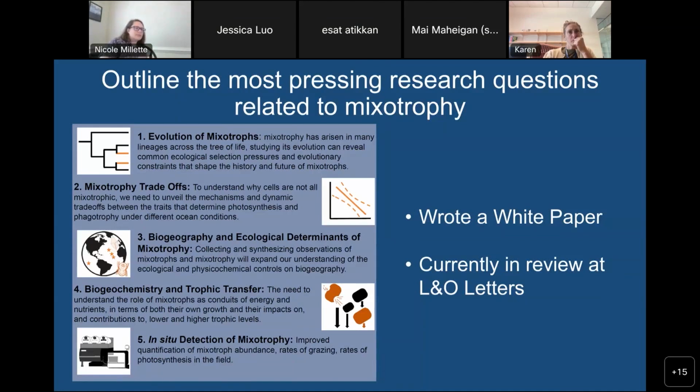But mixotrophs are this third group that often get lost within the groupings of zooplankton or phytoplankton because they haven't been targeted specifically. So how do we come up with methods that let us actually isolate and target mixotrophs? Because our methods weren't designed to do that.